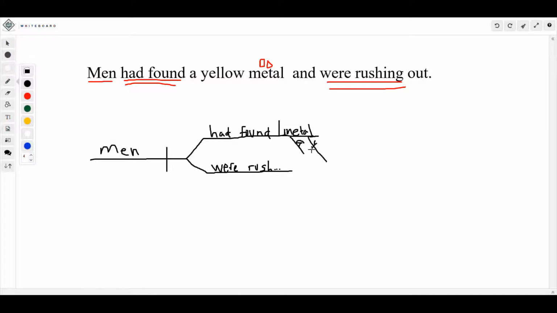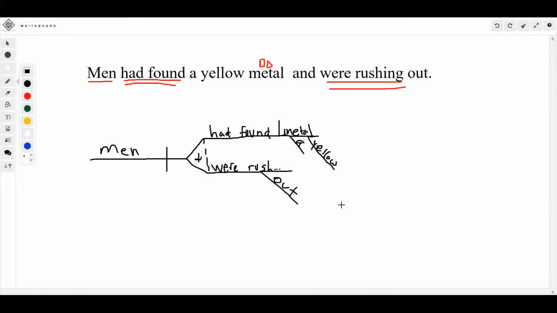Remember, the adjectives go under, and so do the adverbs, whatever they modify or describe. Now we need to put our conjunction. I'm just going to put a symbol for and. And then were rushing out is an adverb because it answers where. Okay? All right, so make sure you write that down.